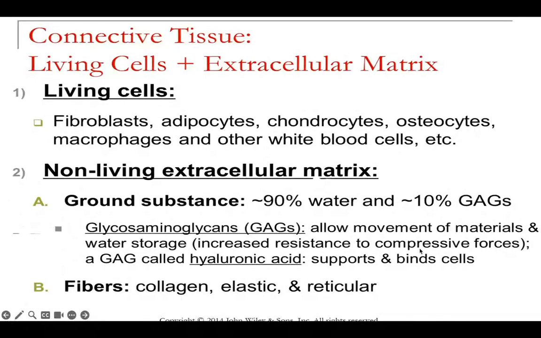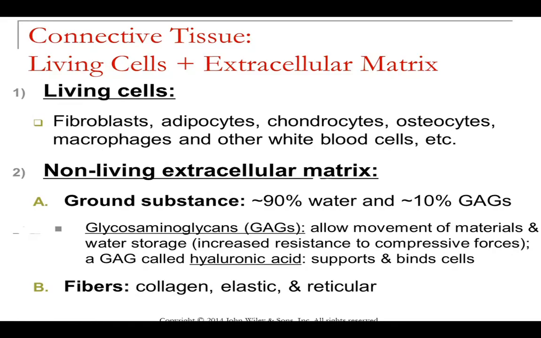Okay, so we are continuing with tissues and now looking at another main type of tissue called connective tissue. We've talked about connective tissue a little bit when we were comparing epithelial tissue to connective tissue. Let's review. In epithelial tissue, we have a lot of cells and little to no ECM.